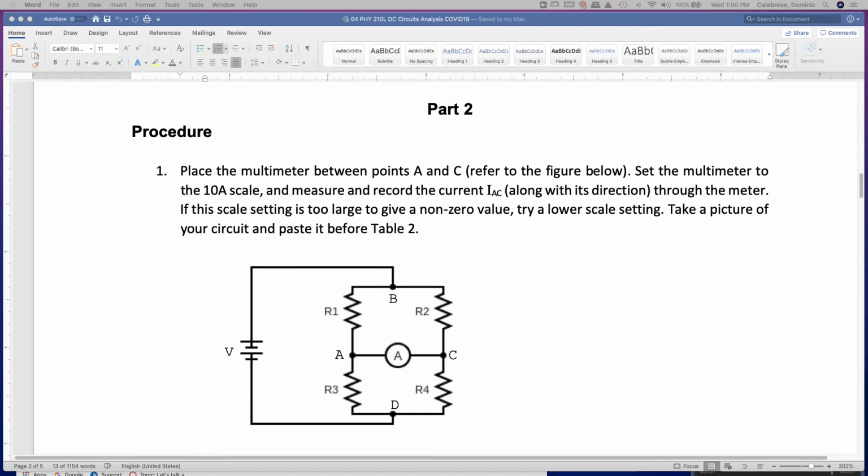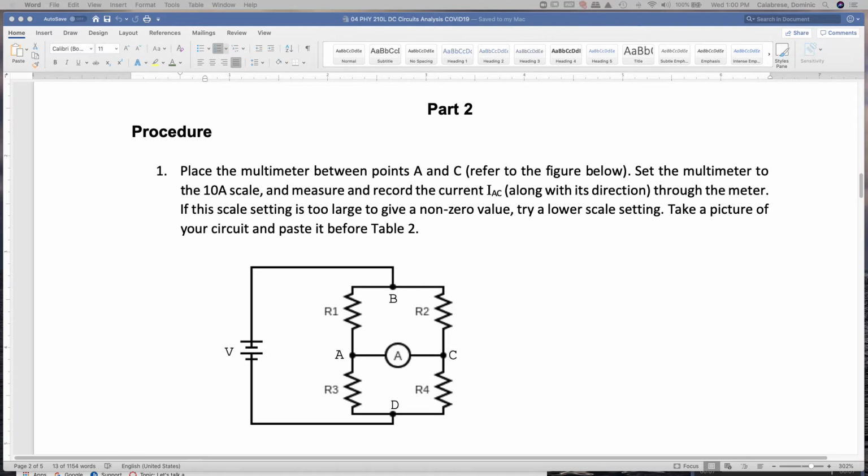Ideally, the ammeter has no resistance, and so point A and point C will be at the same potential. And you can measure that if you want to. You can prove that to yourself. So points A and C are at the same potential.